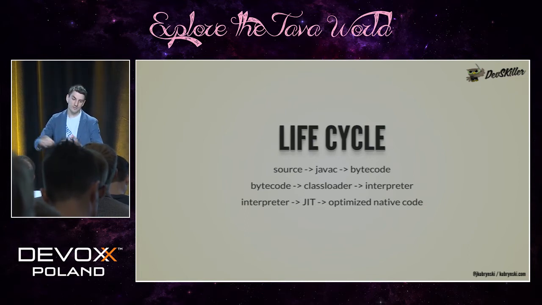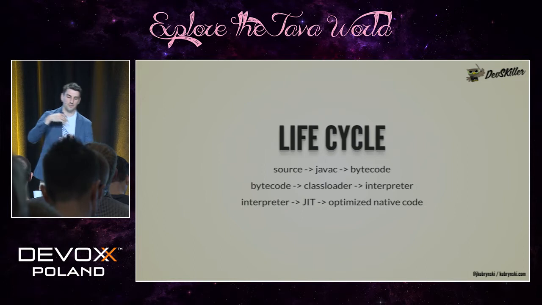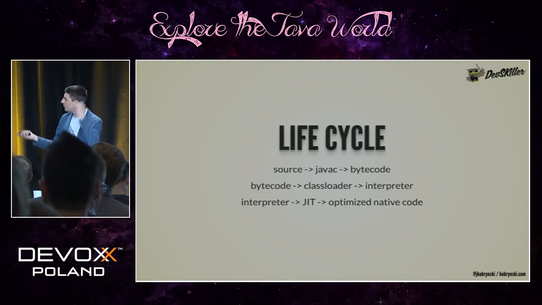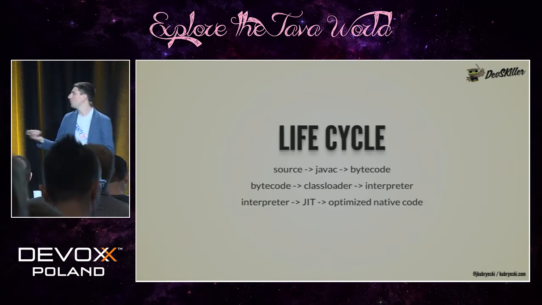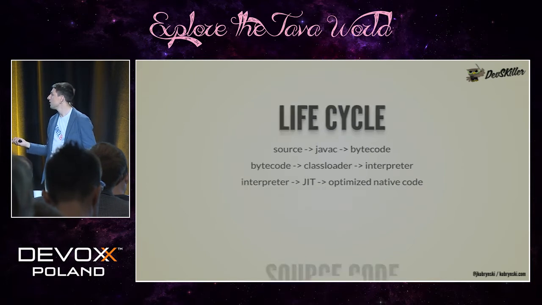The interpreter observes the code, checks how it performs, and then optimizes it using the JIT compiler. We finish with optimized native code, which runs as well as code written in assembly language. Now I want to go through all those steps.